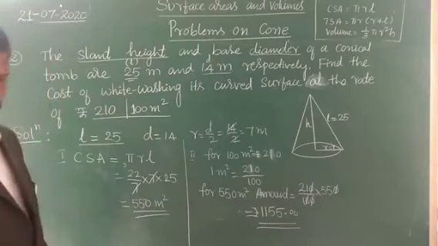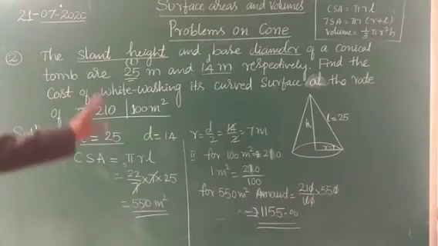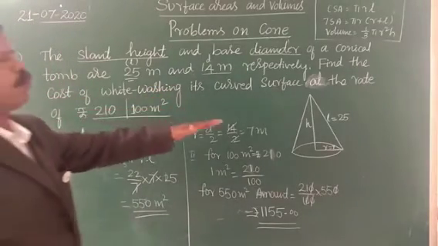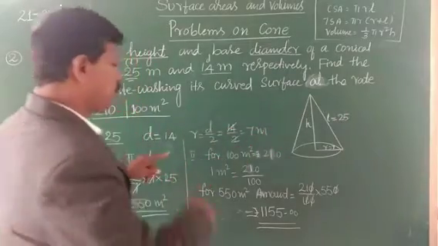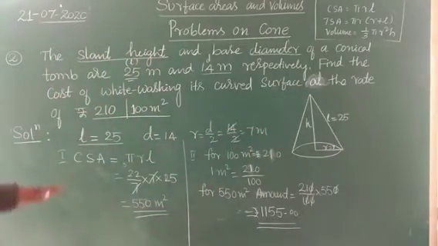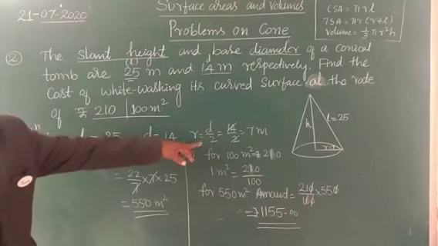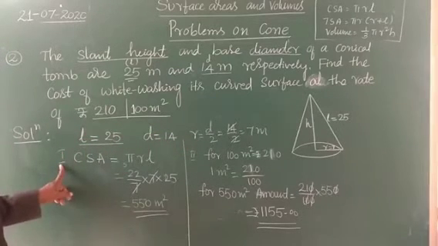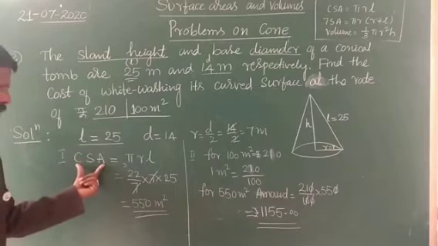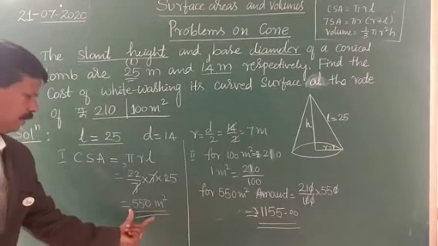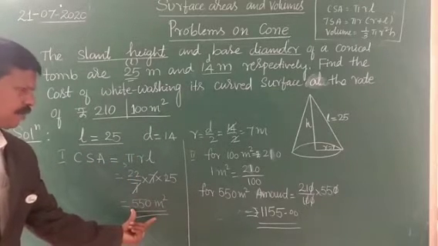So what is the total cost of whitewashing this conical tomb? This is one simple problem. First convert the diameter into radius. Then first step, find the curved surface area. You will get 550 square meter.